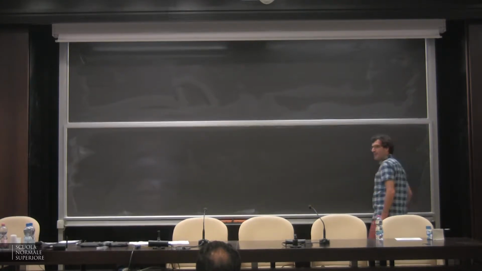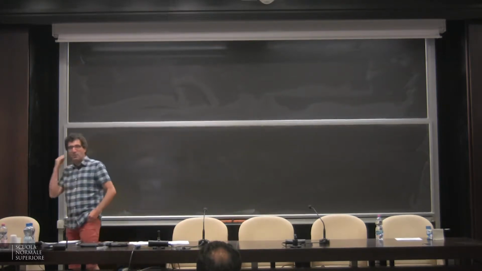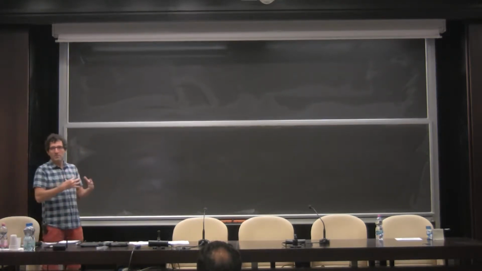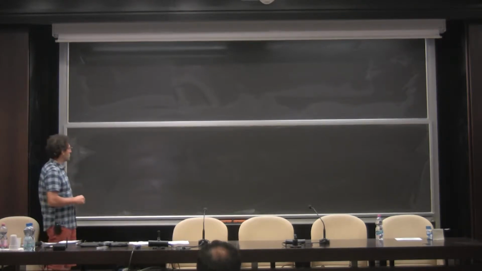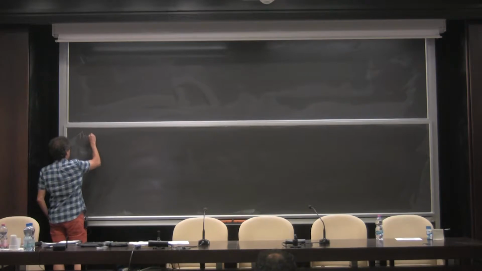I want to just briefly remind you of these various results. Even though I finished with a list of theorems, I will just put some summary, some short version of this, just to remind us of where we are.